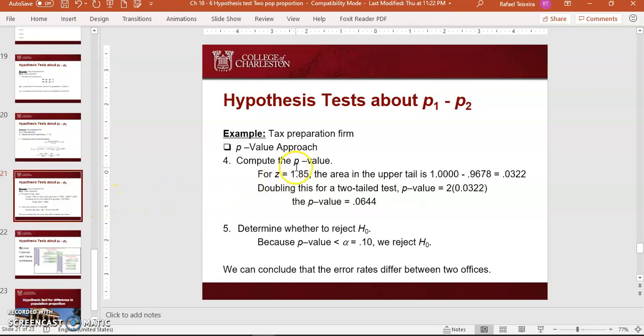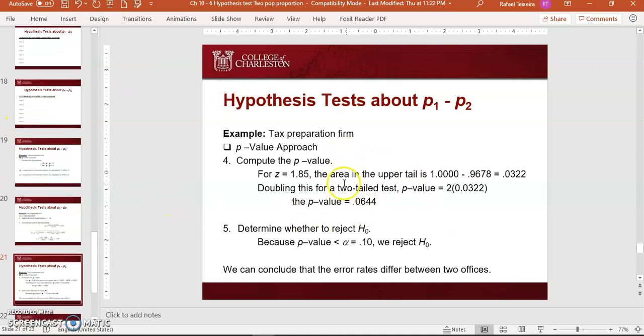The p-value associated with 1.85 is 0.0644. Because the p-value is smaller than 0.10, we reject the null hypothesis, the same thing.